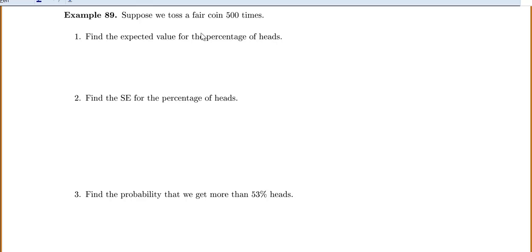So it just says suppose we toss a third coin 500 times. This one's slightly harder for you because it doesn't actually talk about the percentage, so you might not recognize it right away. But it is saying like percentages, so you know you're talking about percentages, and then find the probability that we get more than 53% heads. As soon as you see this, you know that that's asking for the chance, which means you have to use the normal curve.